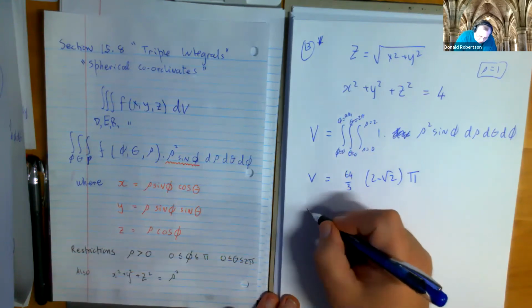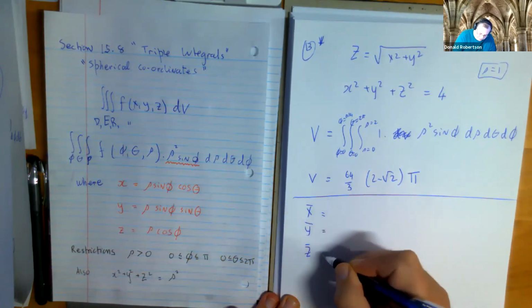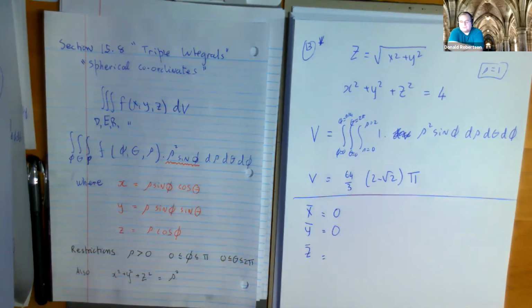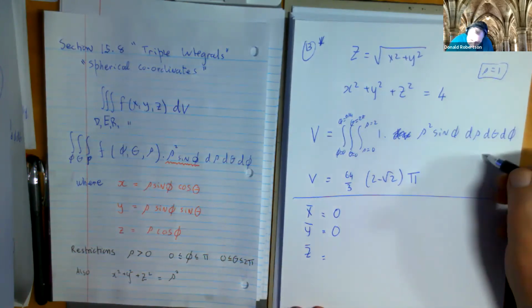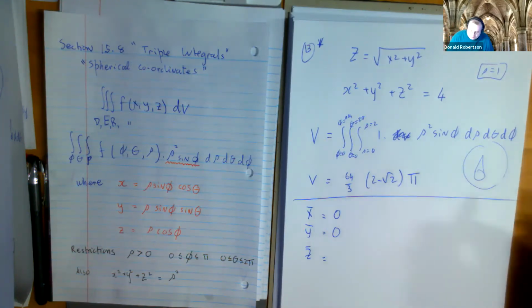So how would you find x bar, y bar, and z bar? Well, I'm going to cheat. Why are those two 0? You've got a cone and a sphere interacting, so you've got a surface made up of both of those things.